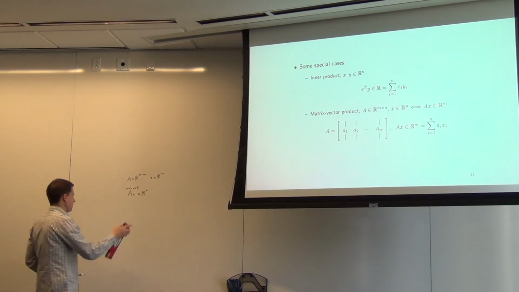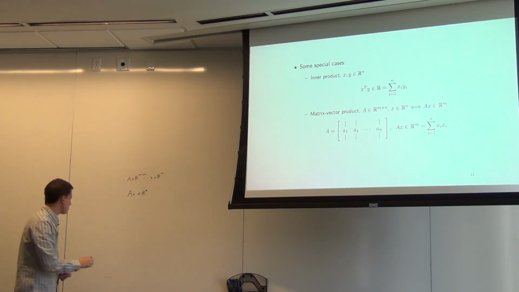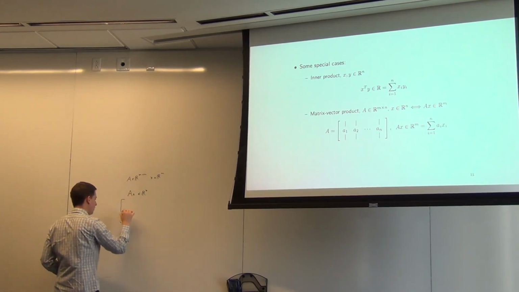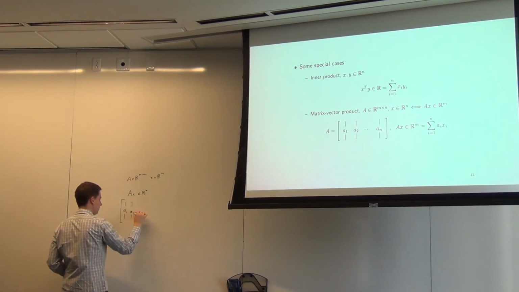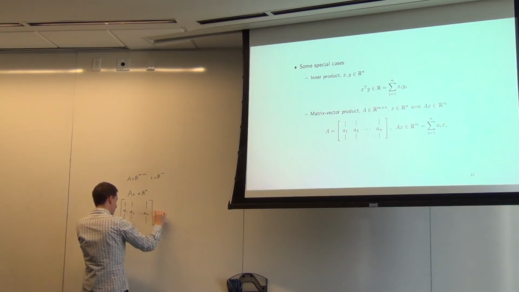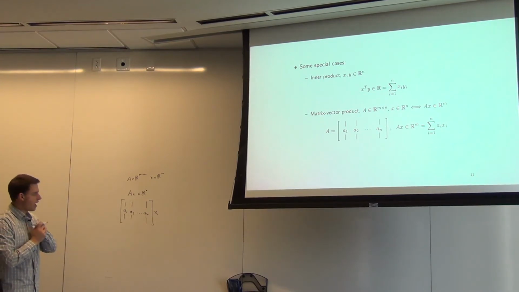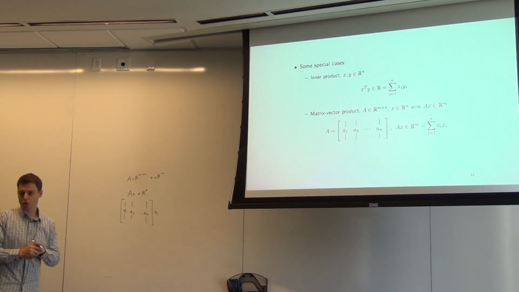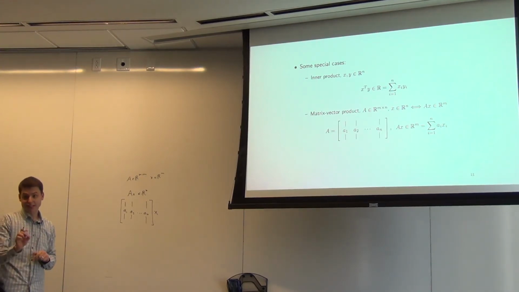One way of viewing this, though there are others, is that we take every column of A and form a linear combination of the columns of A, where the coefficients of that linear combination are the elements in x.